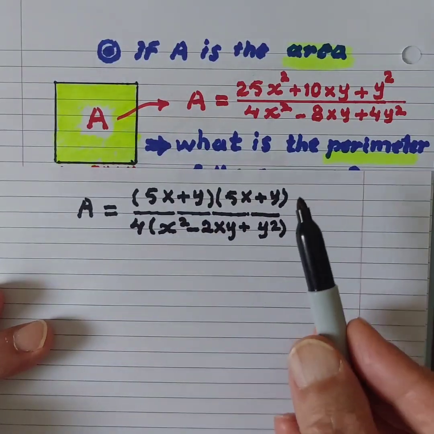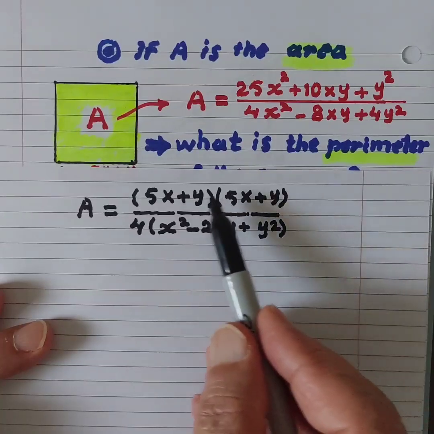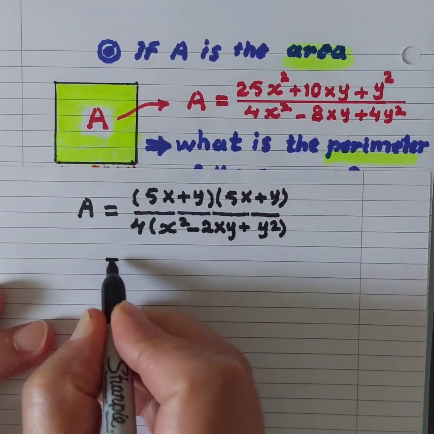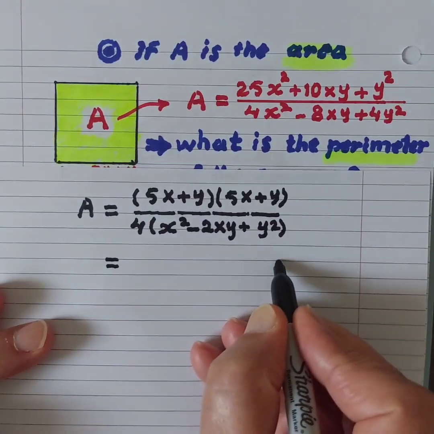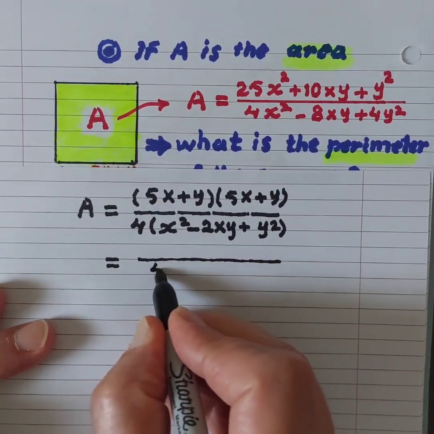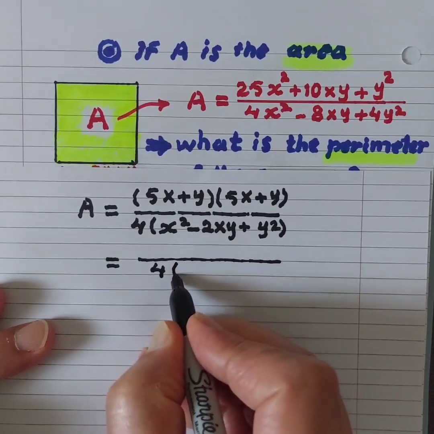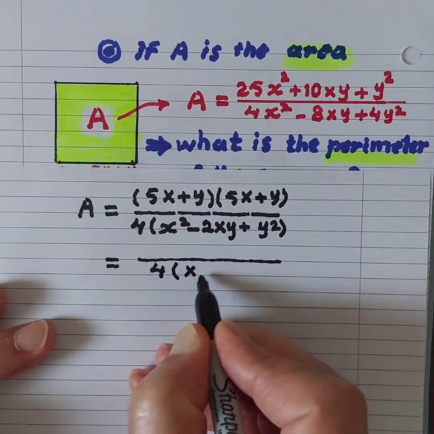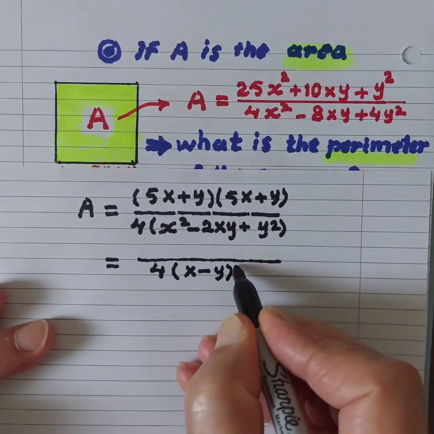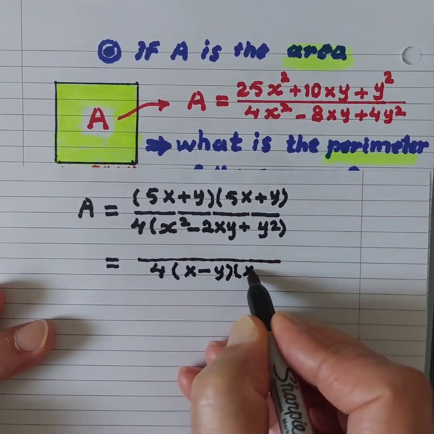We can write it in a simple form as we did in the numerator. So we can write it as 4 times x minus y, times x minus y.